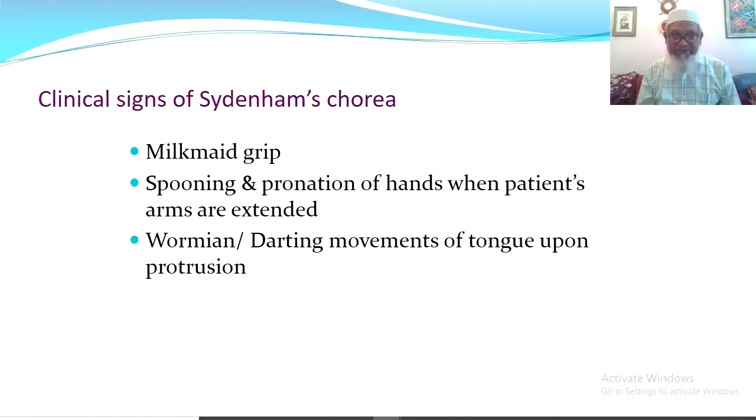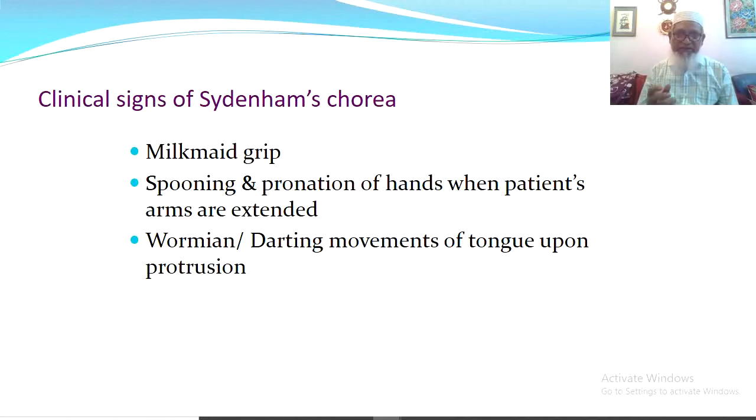As a clinical feature, when you shake hands with the patient, the patient's grip will not be a constant one. It will relax, and there will be a normal grip, but then immediate relaxation. That is contraction and relaxation.